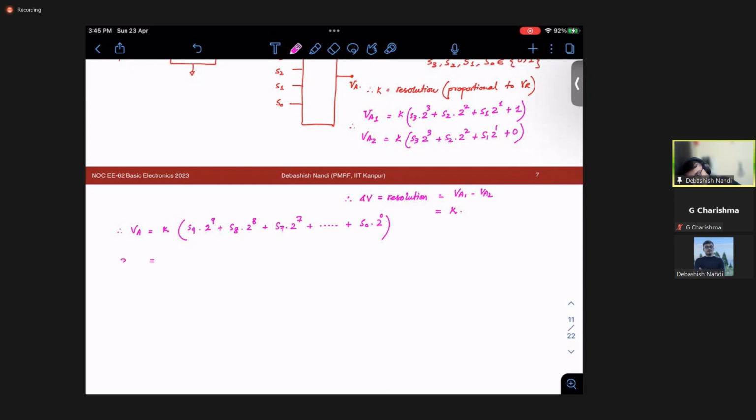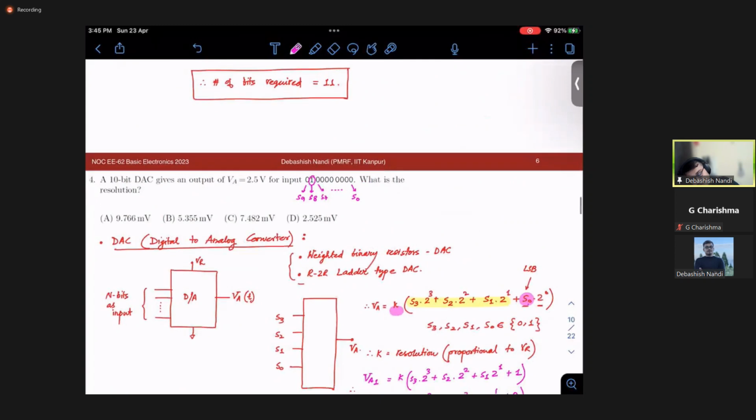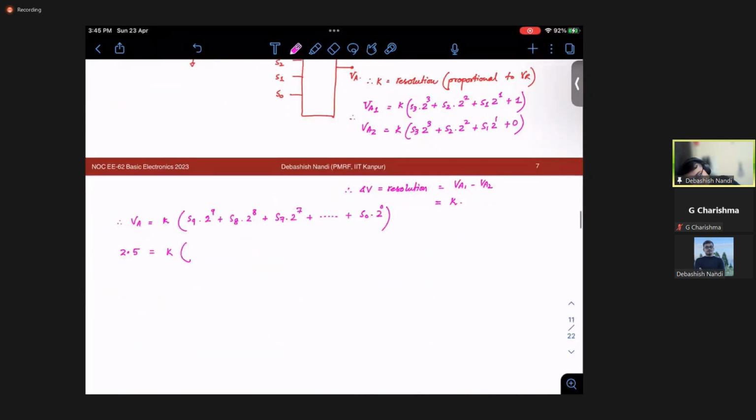So from the question it is 2.5 volt, and only your S8 is 1, else everything is 0. Okay, so you have only this is 1, so 2 to the power 8 will only be there. Fine.